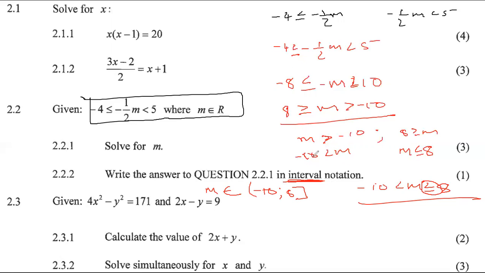So this is a very important lesson. Strictly less than, we use a round bracket, and for less than or equal to or greater than or equal to, we must use the square bracket. Okay, hope you have taken note of that.